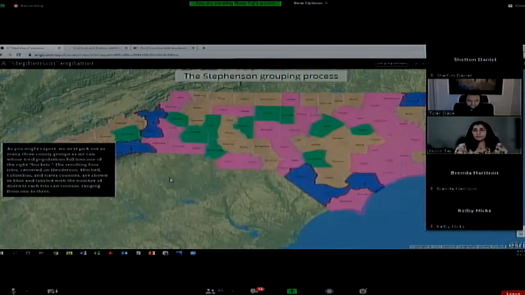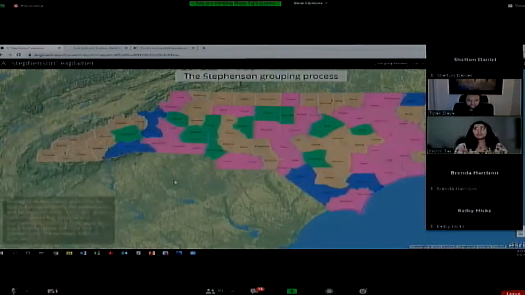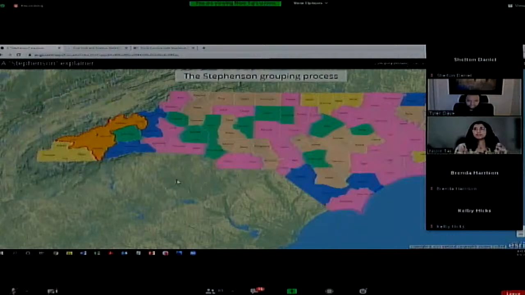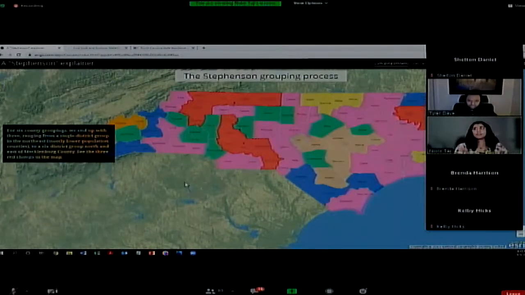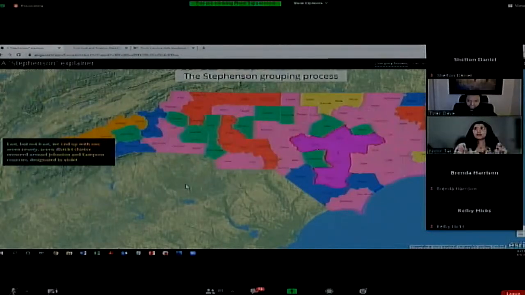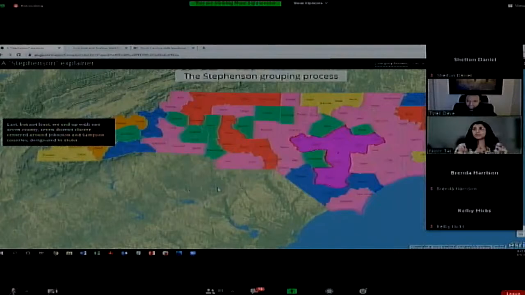Then you look at 3 county groupings, 4 county groupings. You can end up with 5 county groupings and even a 6 county grouping, which is what happened before. There was even a 7 district cluster. And that's where you get these really big clusters and oddly shaped districts.